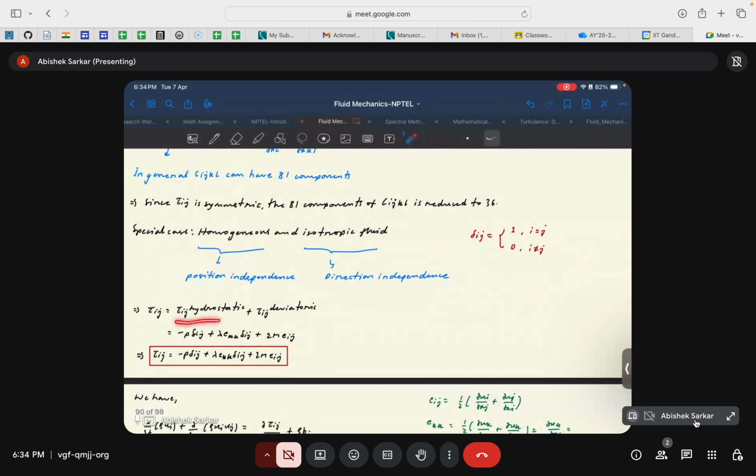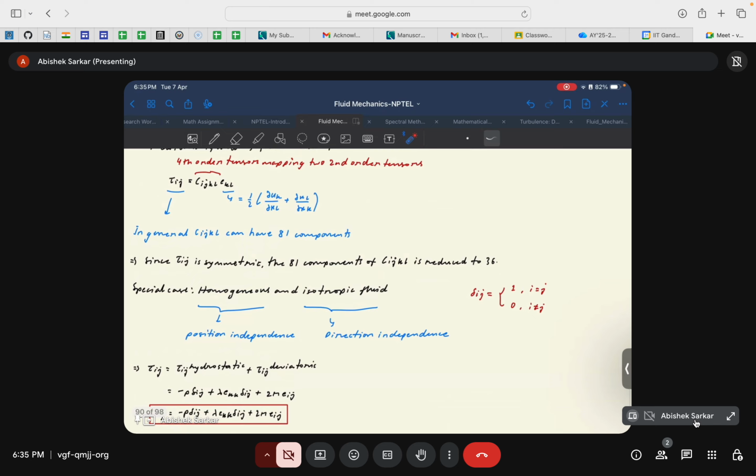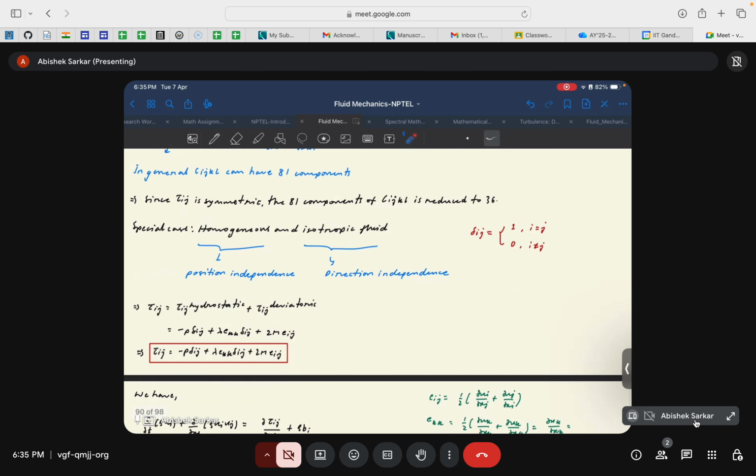Tau ij hydrostatic is basically the pressure term, because of the hydrostatic law, and I will again come to this delta ij term. The mapping between the stress tensor and the strain rate tensor is now simplified into this form.